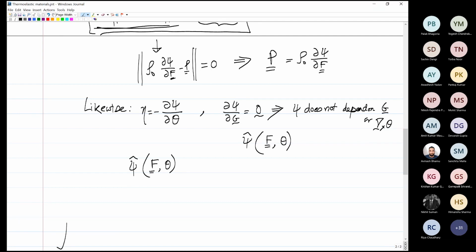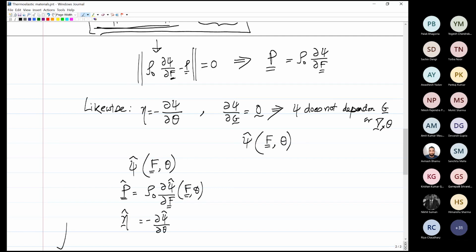So we have this psi hat, and then we have the formula for P, which is rho naught del psi hat over del F. And similarly, the entropy function is negative of del psi over del theta. Okay.